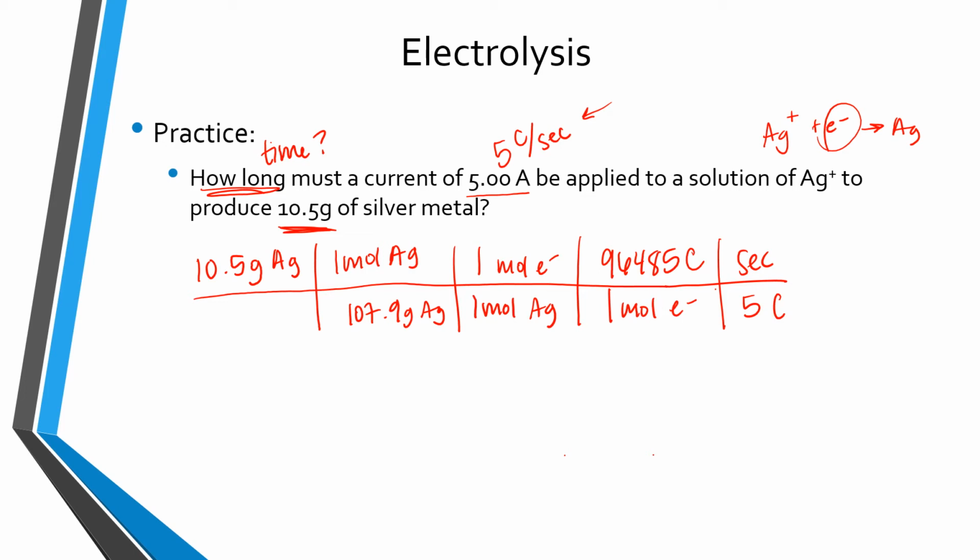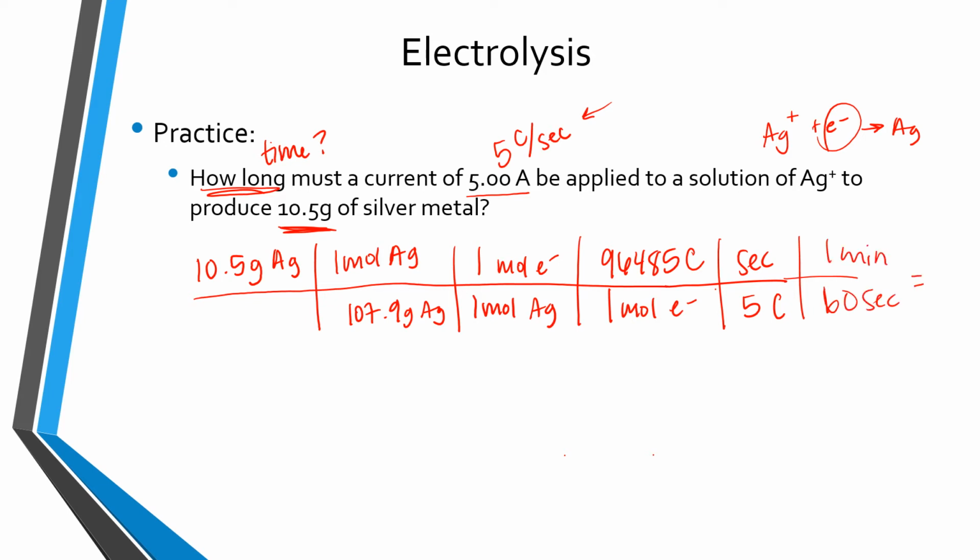Now, it just says how long, so it doesn't tell me I need to report in any certain unit of time. So if I leave it here, that gives me 1,878 seconds. Now, we don't often use seconds to do long periods of time. So if we wanted to, we could also say that there's 60 seconds in a minute.